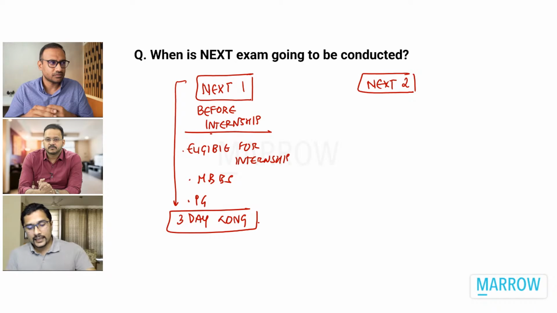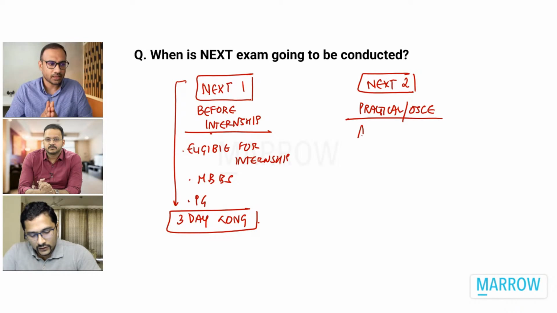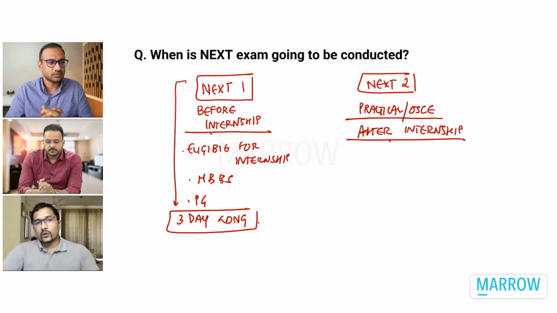And once you clear the next one exam, you can do your internship. And next two is going to be a practical exam or an OSCE exam, which is going to be after internship. Only after you clear the next two exams can you start your post-graduation. And this is basically going to test what you've learned during your internship, because a lot of times students, to prepare for the entrance exam, did not do their internship well.